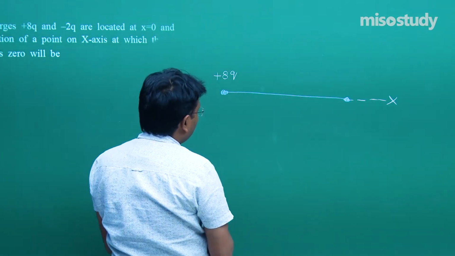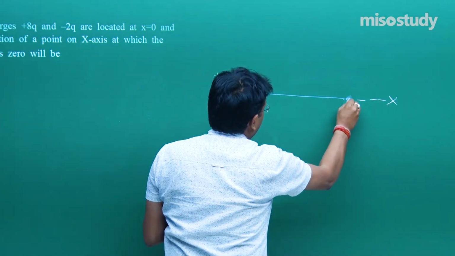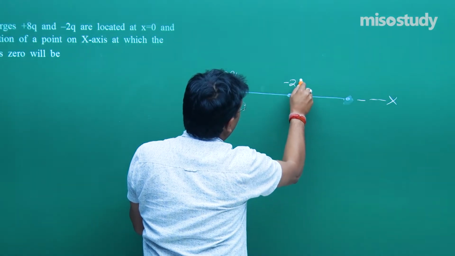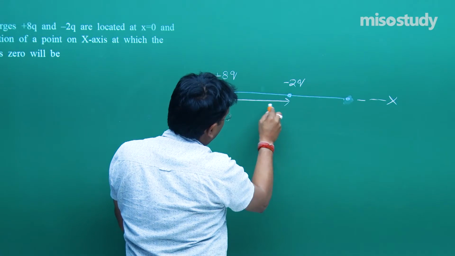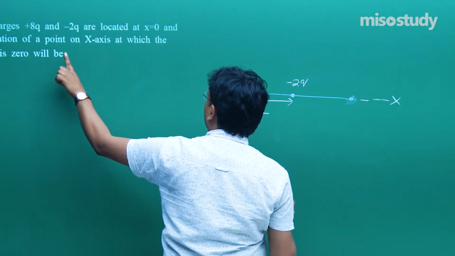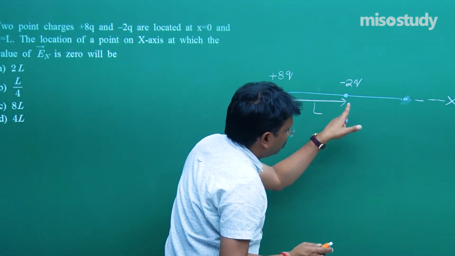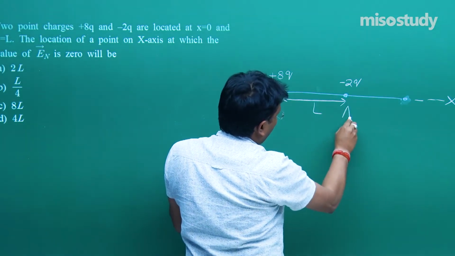Let us say this minus 2q is situated over here, and this distance is capital L. Question is in front of you, approach I explained. Now whatever I am solving, you just take a look at this particular situation. So, let us say this is point O and this is point A.